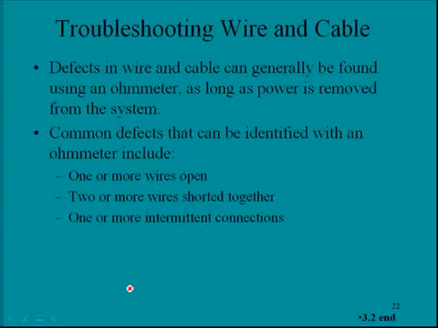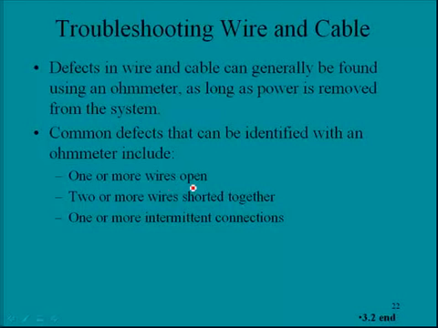Troubleshooting wire and cable. Defects in wire and cable can generally be found using, notice, an ohmmeter, as long as power is removed from the system. Common defects that can be identified with an ohmmeter include one or more open wires, two or more wires shorted together, or one or more intermittent connections.